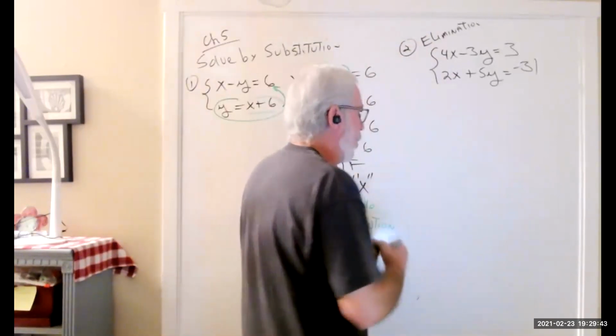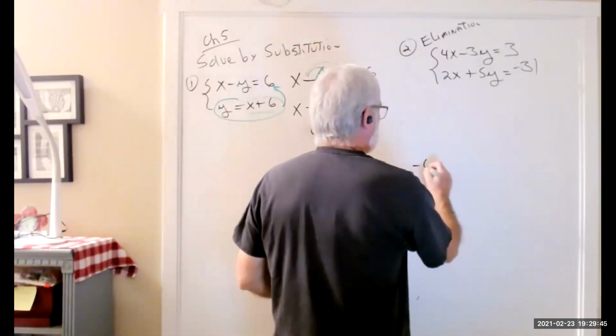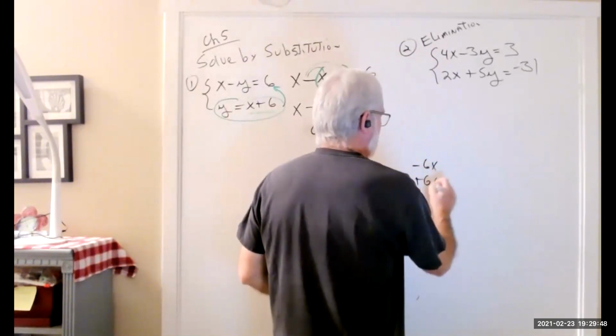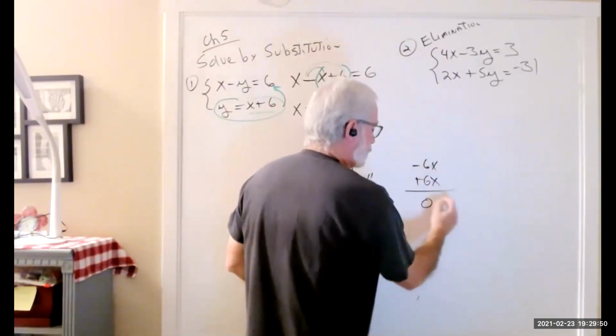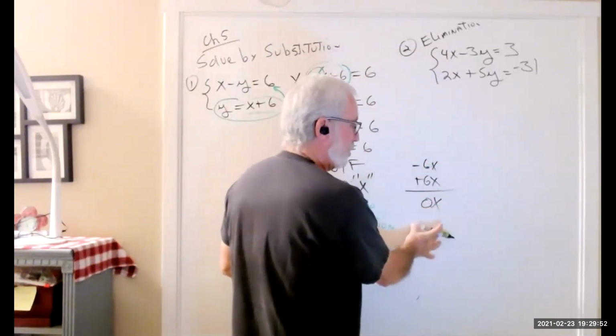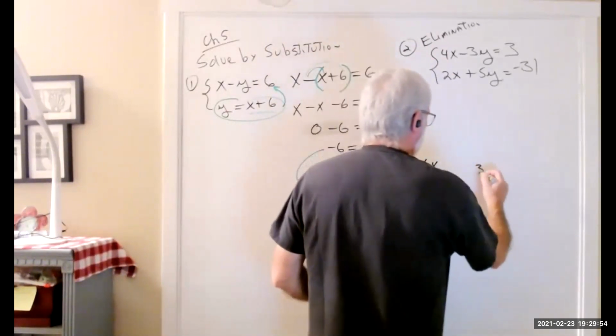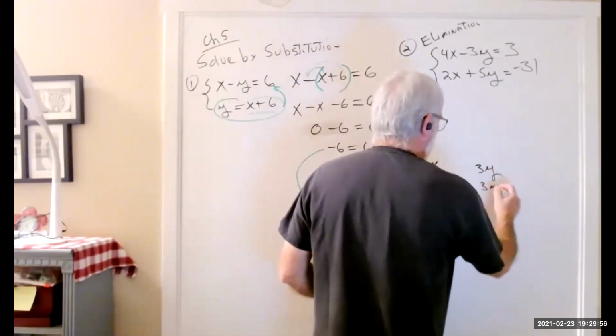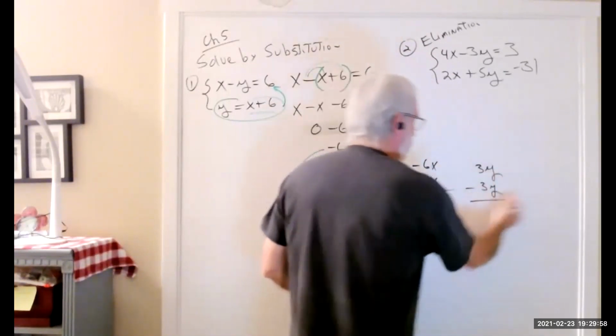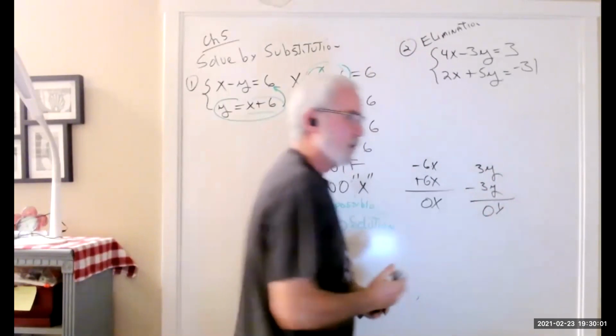That means like we have a -6x and a +6x. When you add those, the x's drop out. Or let's say we have a 3y and a -3y. When you add those, the y's drop out.